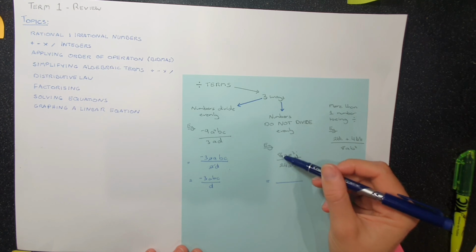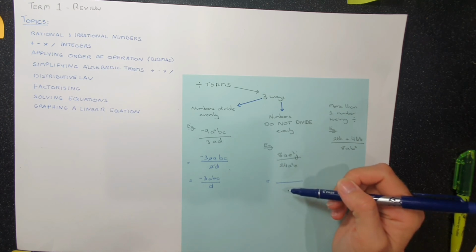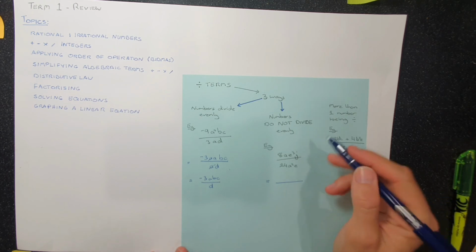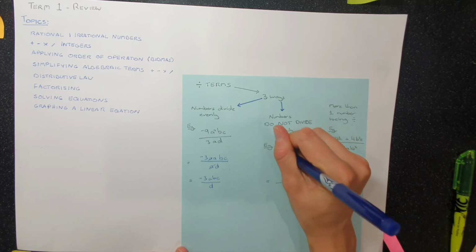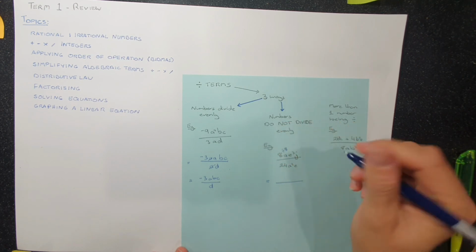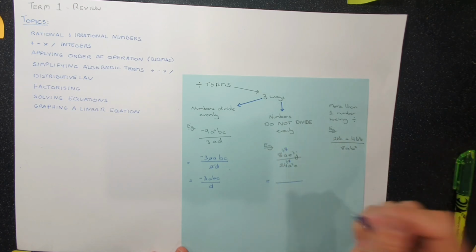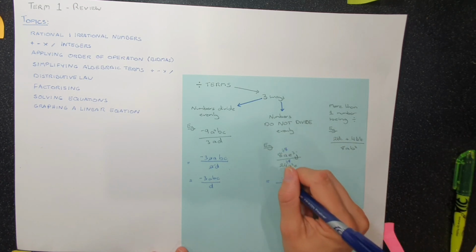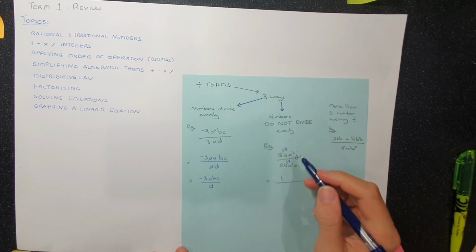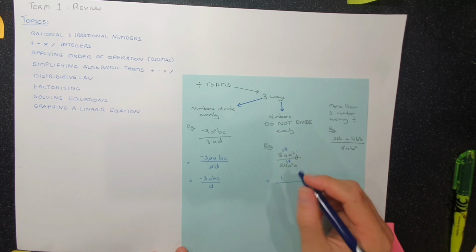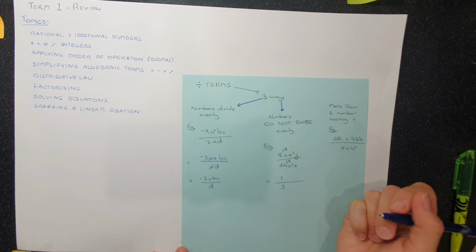I can't divide 24 into 8 evenly, so I think of the highest common factor that goes into both. The biggest number that goes into both is 8. So I divide both of those numbers by 8. 8 goes into 8 one time, and 8 goes into 24 3 times.